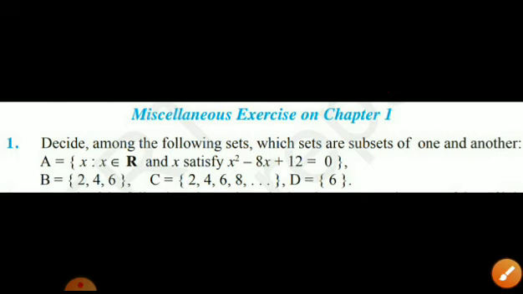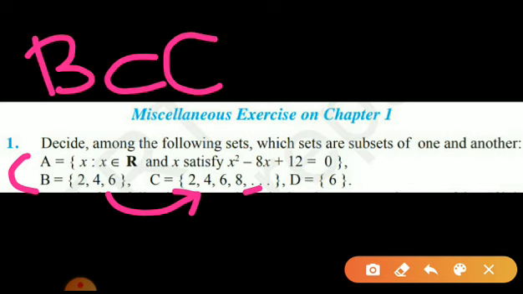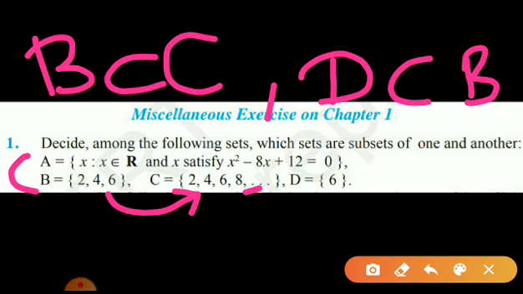Again, see the next one, B. B is not a subset of A. Again, whether B is a subset of C. 2, 4, 6 are elements in C. So may I say again, B is a subset of C. Whether B is a subset of D? No. But D is a subset of B.